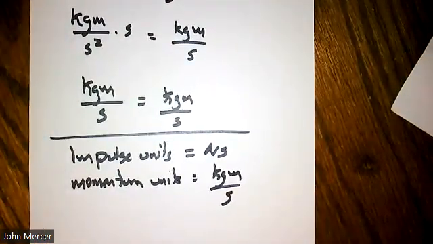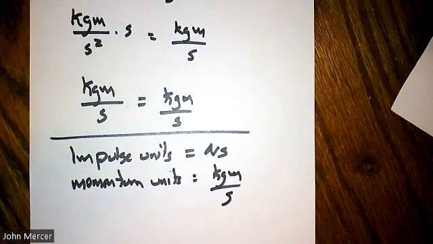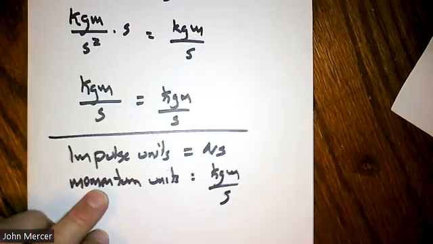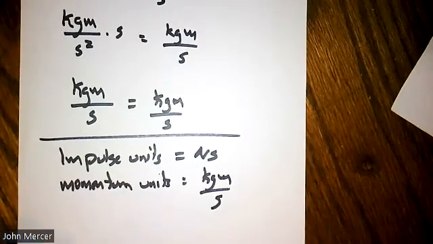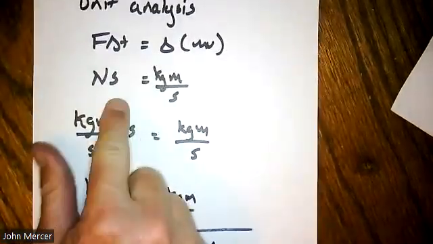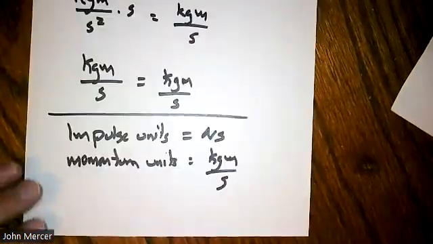That's if you run into another biomechanist or another physicist and you say, oh, I'm talking about impulse and my units are Newton seconds, they're all going to understand you. If you do say impulse units are kilogram meters per second, technically you're still right. But we say impulse units are Newton seconds and momentum units are kilogram meters per second. They are the same exact set of units, okay?